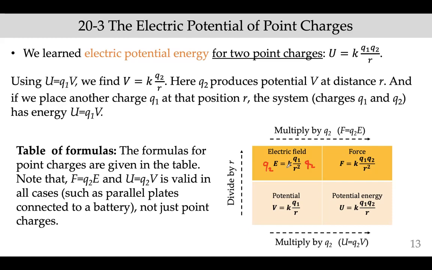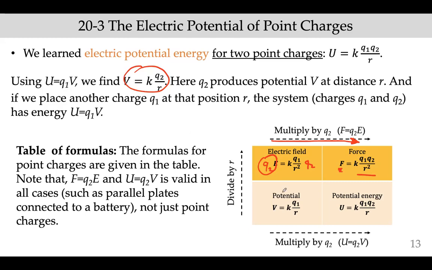So if you multiply both sides, you can see that Q times E gives you force. So this is force, as you can see here, and the right-hand side will give you the force. So to go in this direction, you multiply the quantity here by another charge.